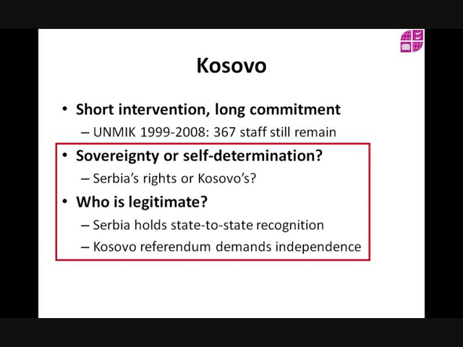This is sometimes described as vertical sovereignty and horizontal sovereignty, or vertical legitimacy, horizontal legitimacy. What that means, going horizontally, one country recognises another country, one government recognises another government. If you believe government-to-government relationships are important, then Serbia is the right country, and Kosovo is not.